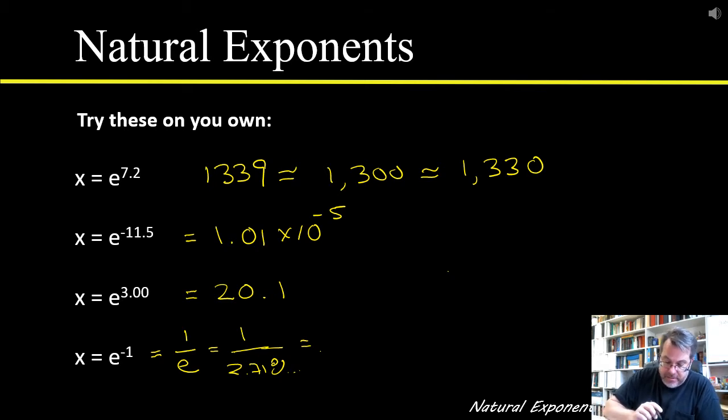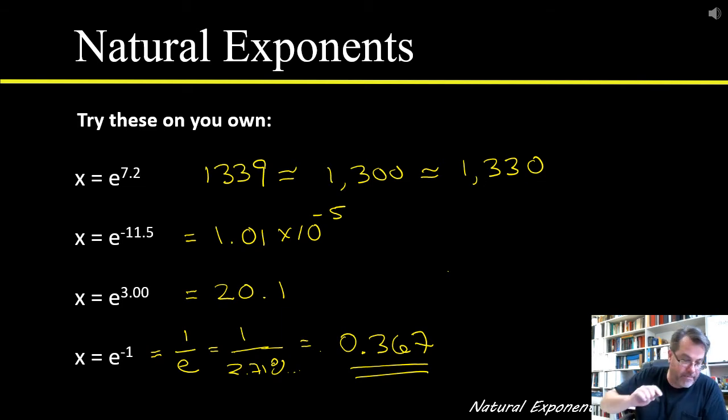But if you just put in your calculator e to the x and then hit minus 1 in the parentheses, you should get 0.367. All right, lovely. Okay, that's it for the natural exponents.